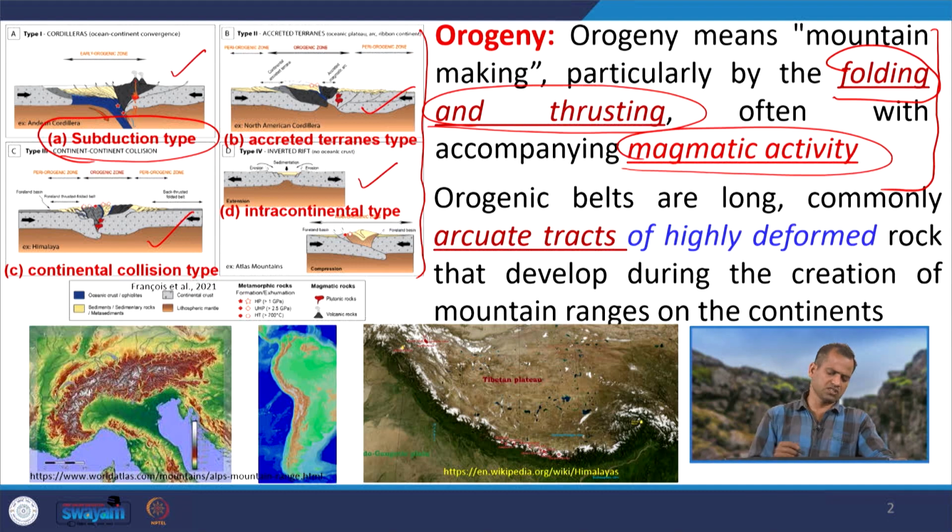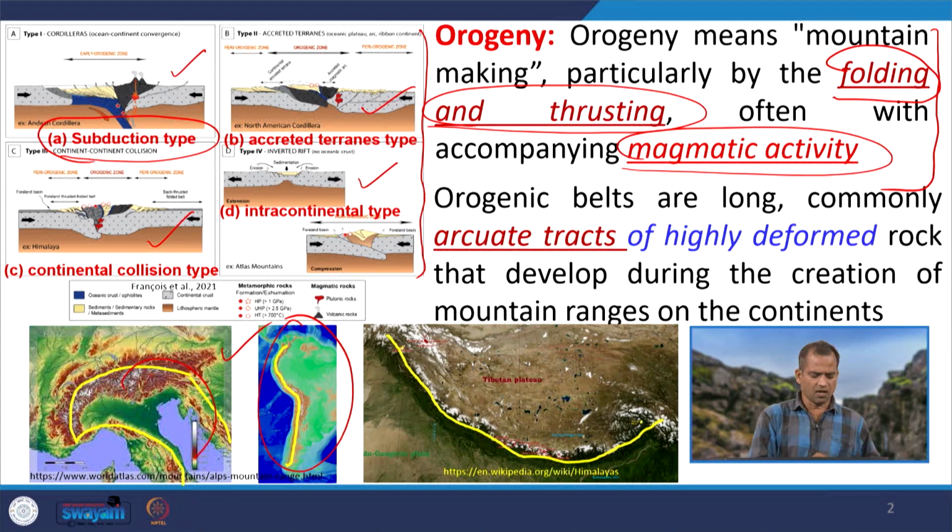If you see this global scenario, there are subduction types here, then we have accreted types here and continental collision types here. All these plate boundaries or orogenic mountain regions are of arcuate shape. And why is it arcuate shape?